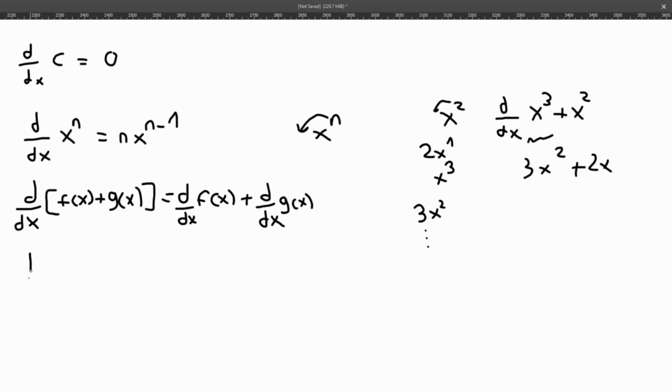Now, the final rule that you need to know is that the derivative of a function multiplied by a constant, let's say some constant c times f of x, is equal to that constant times the derivative of f of x.